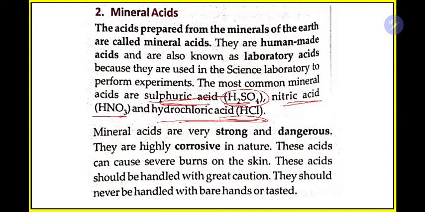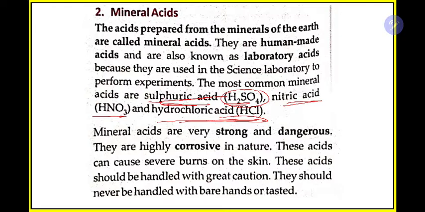So people who work with these acids in different industries or laboratories, they handle these with very much care. They use hand gloves, then helmets, eyeglasses. So the people who work with these things take care of these things. They maintain all these precautions before using them.